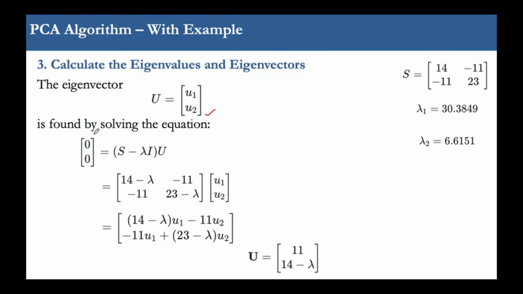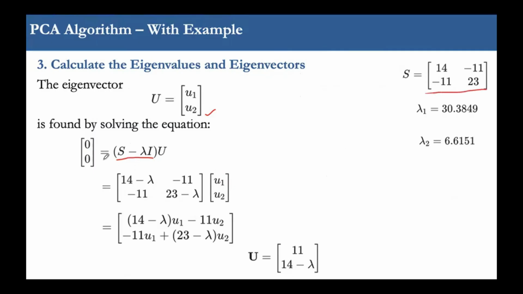We need to find the eigenvector using this equation: S minus lambda I into u is equal to 0. Based on this, we will find the eigenvectors. So you substitute S. What is S? This is S, already found.